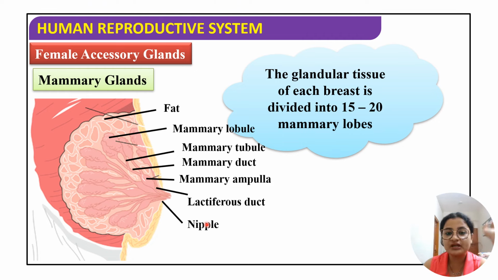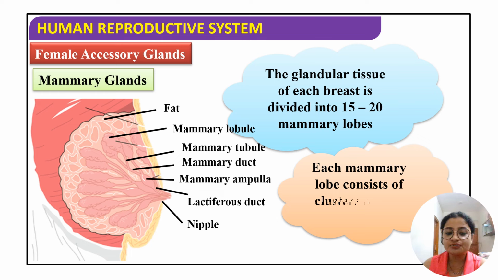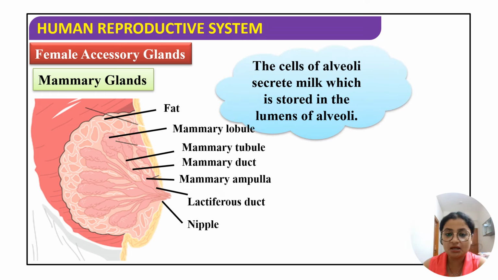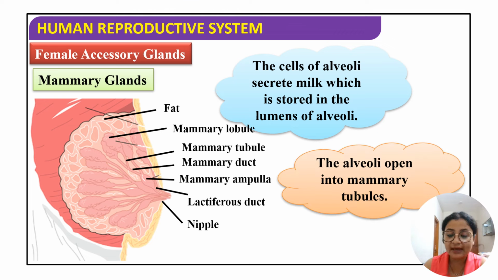So around 15 to 20 mammary lobes will be present in each of the breasts. Each mammary lobe will be consisting of clusters of cells called alveoli. जैसे lungs में होता है alveoli, वैसे mammary gland में भी breast में भी होगा. Okay, and these cells of alveoli will be responsible to secrete milk, which is stored in the lumens of the alveoli. And these alveoli will open into the mammary tubule.